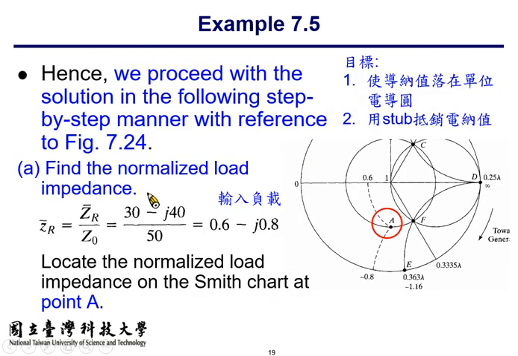Okay. So for example 7.5, the impedance at the termination is 30 minus 40J. So the normalized input impedance is 0.6 minus J.8. That is 0.8 on this figure.